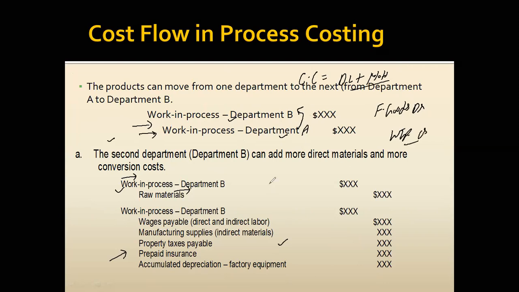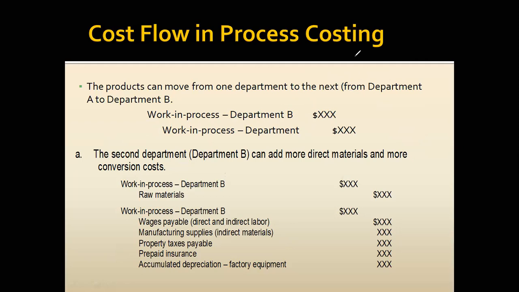But here, as things are just moving from department A to department B, still some work needs to be performed in the next department. So that's why we pass this entry: work in process department B debit and work in process department A credit. Actually, the work in process of one department is converting to another department.